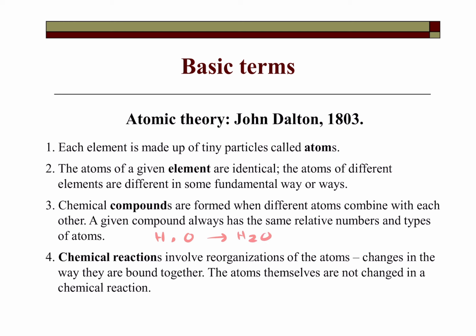And a given compound always has the same relative number and types of atoms. And many chemical reactions involve reorganization of the atoms, changing the bonds, and the atoms themselves are not changed in the chemical reaction.